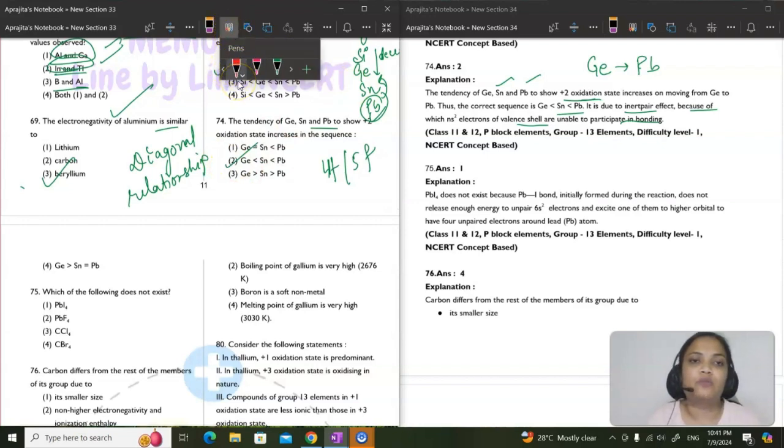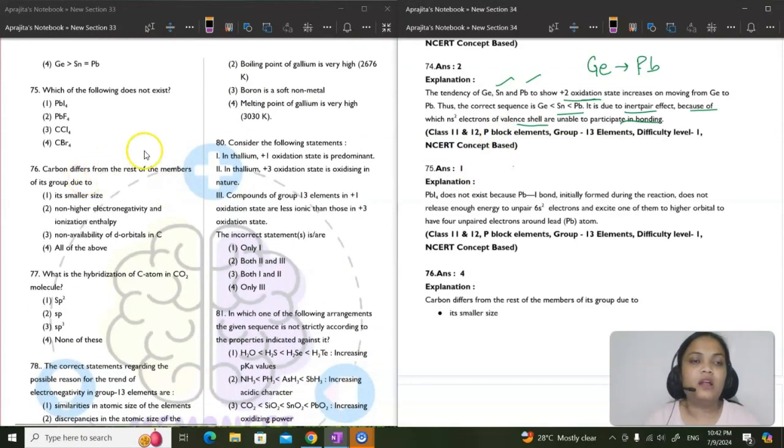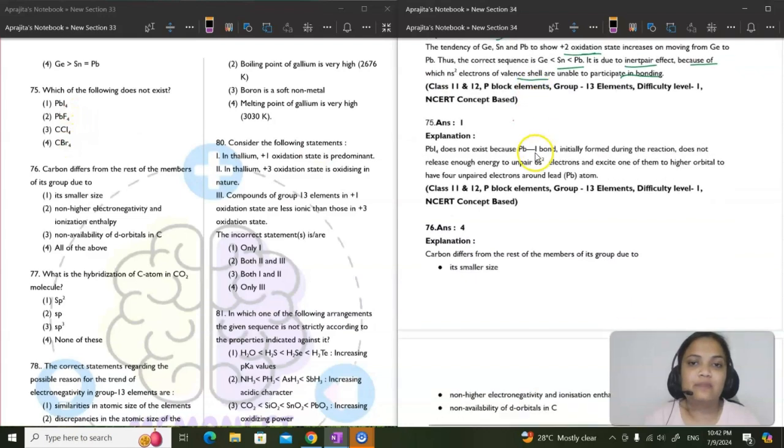Now next is question number 75. Which of the following does not exist? PbI4, PbF4, CCl4 and CBr4.